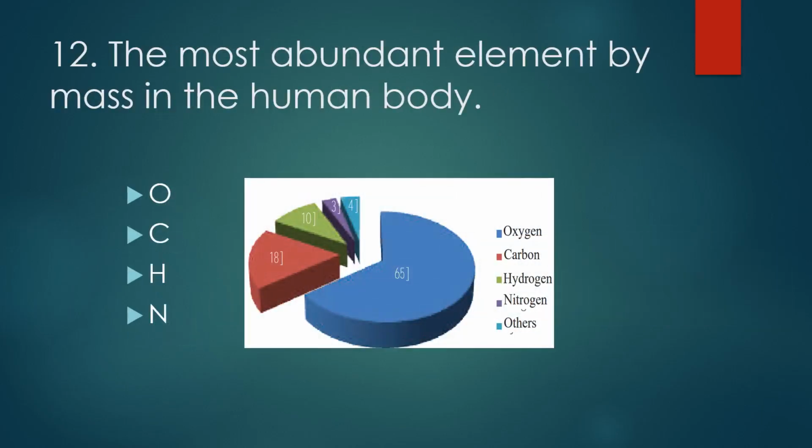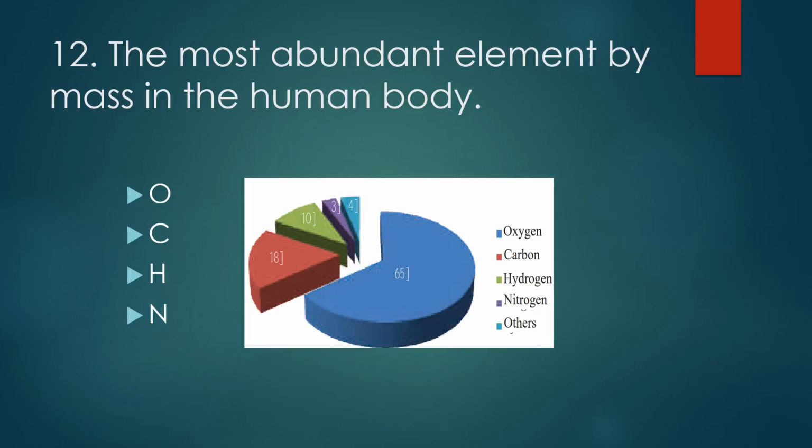The most abundant element by mass in the human body. Here you have a pie chart, Puta. Please keep this pie chart in your mind with these colors because it's very easy for you to have the schematic diagrams in your mind without studying lengthy notes.